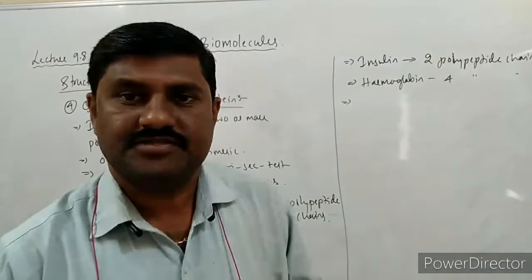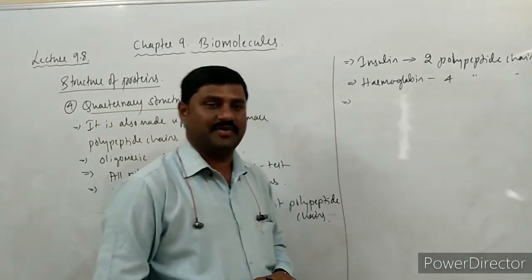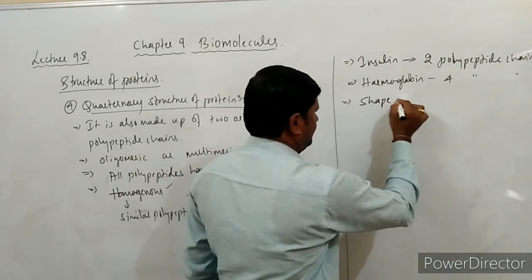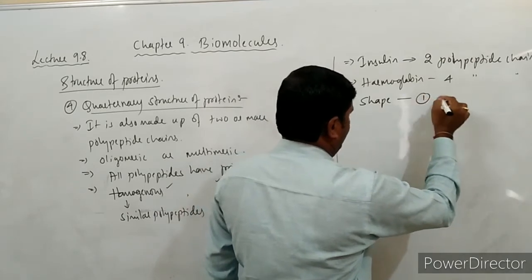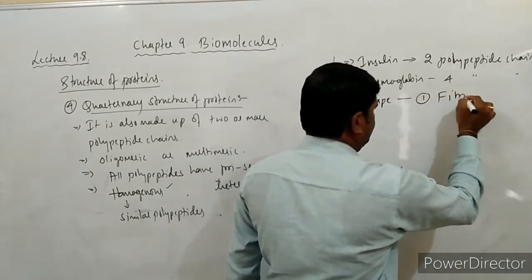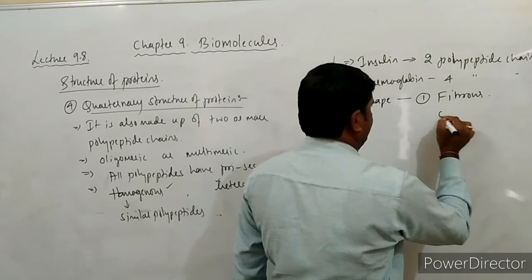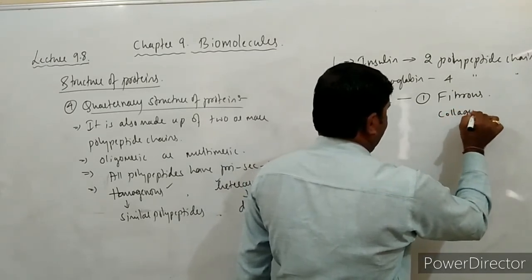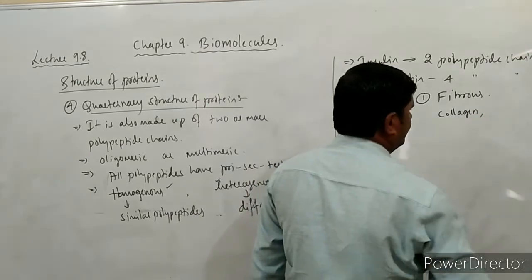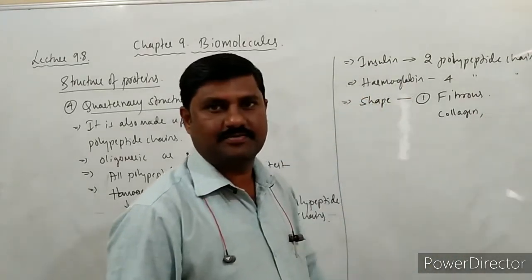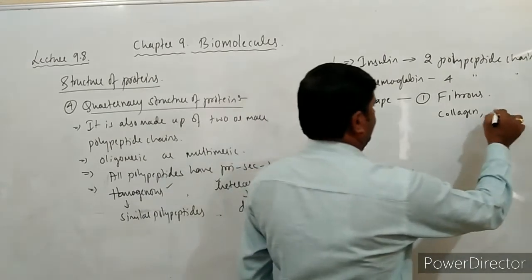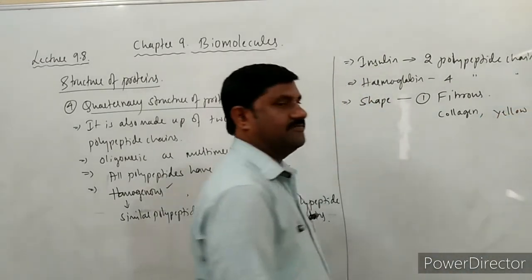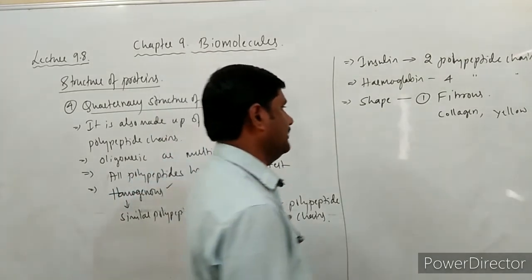In shape, these proteins may first be fibrous in nature. For example, collagen fibers are the best example for this, and yellow fibers. So these are fibrous in nature.